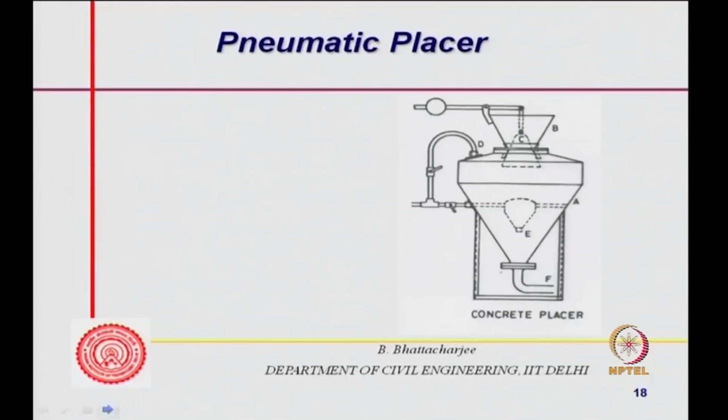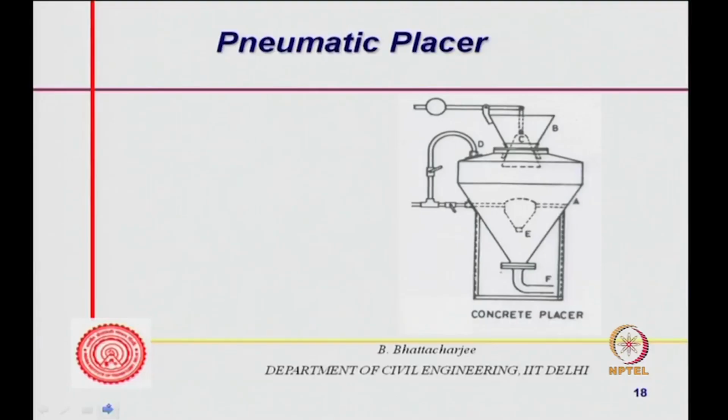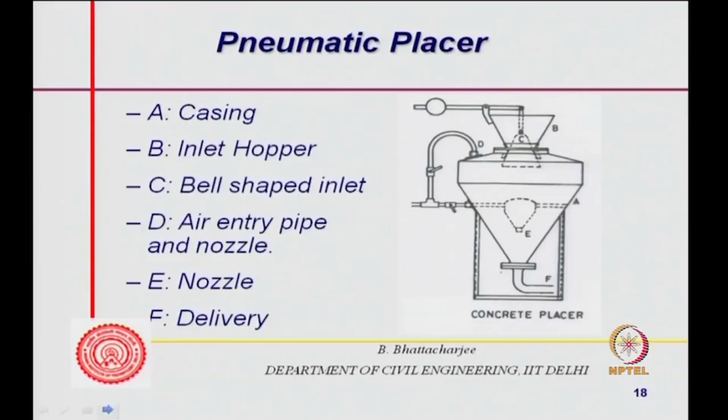Then, we will come to the concrete a little bit later on, but pneumatic placers are used in some cases where it is compressed air which will be driving out the concrete. So this is your pneumatic placer. You can see A is the casing, B is the inlet hopper through which it comes.